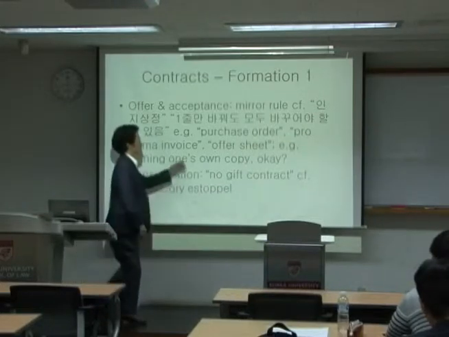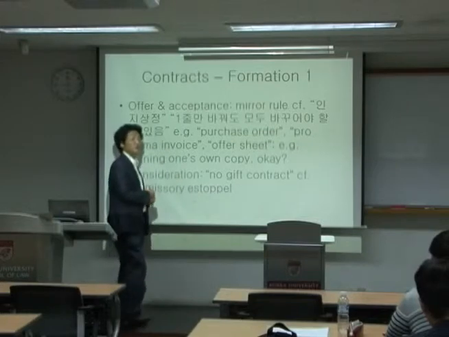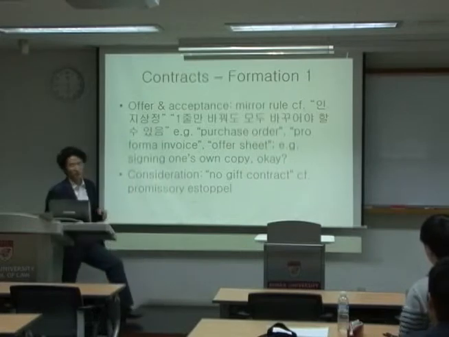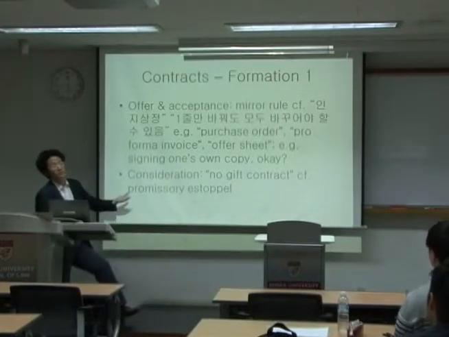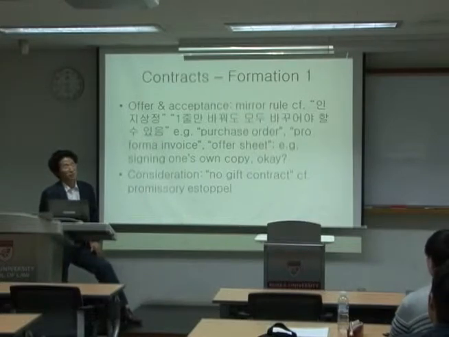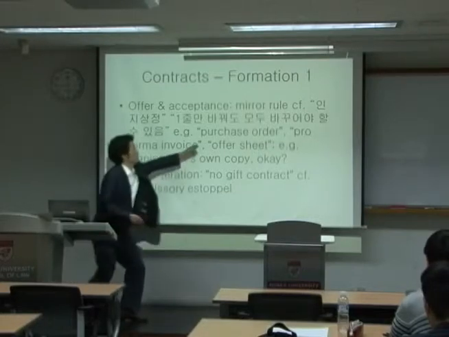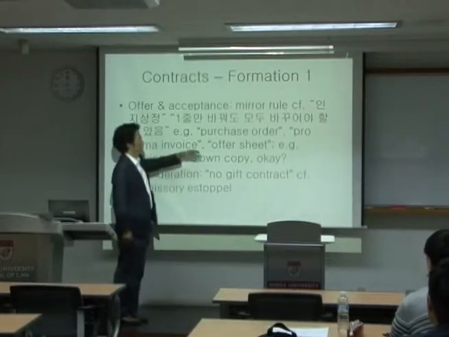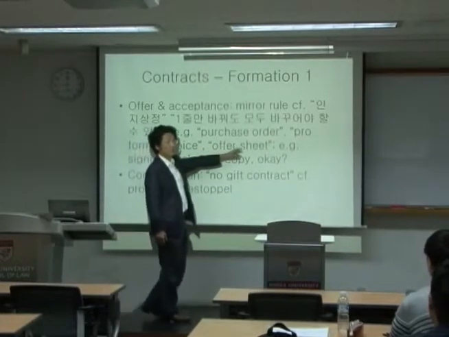So, when it involves a sale and purchase agreement, 매매계약서에서 청약과 승낙을 발생시키는 문서들의 이름. But name doesn't matter. Okay? Offer and acceptance can take place without any document that has a name.